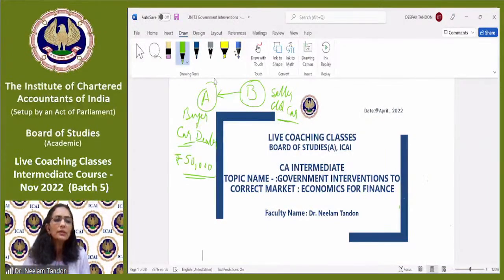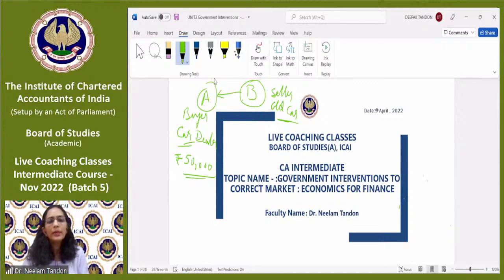On average, the dealer has concluded the price should be 50,000. The seller is hiding information, and the car is not worth even 50,000, yet sells it at 50,000. This is asymmetry of information. It means the one who is selling the old car has more knowledge about the car as compared to the one who is buying.